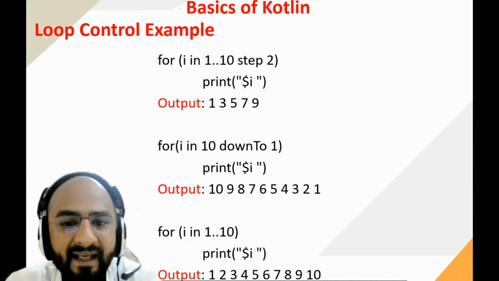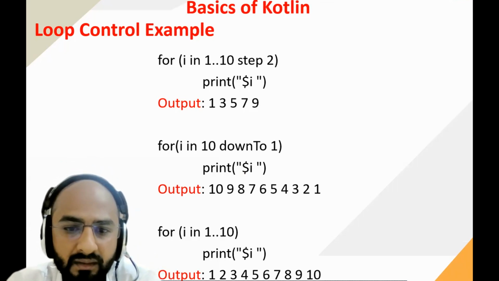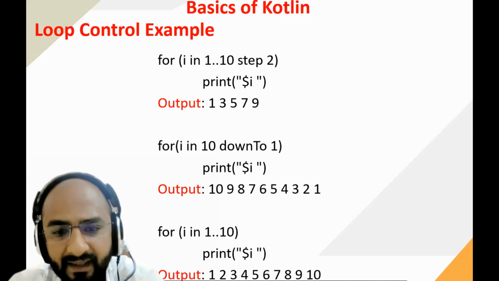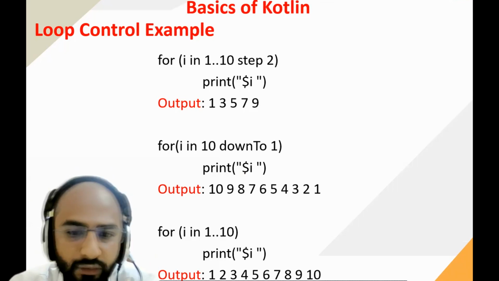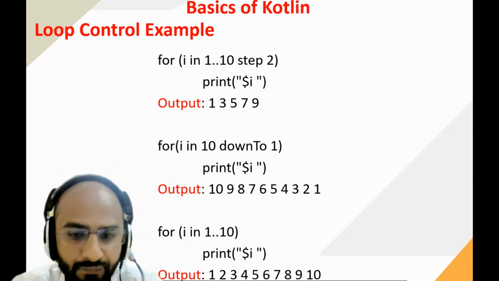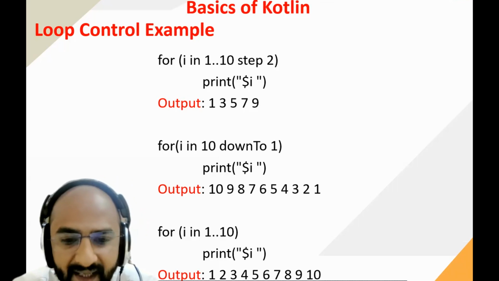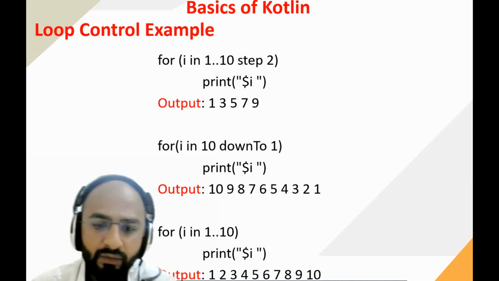Say for example, for i in 10 downTo 1, and we are printing, and in the output what we will get is 10, 9, 8, 7, 6, 5, 4, 3, 2, 1. Next, for i in 1..10, same as before, 1 to 10 is printed into the console.